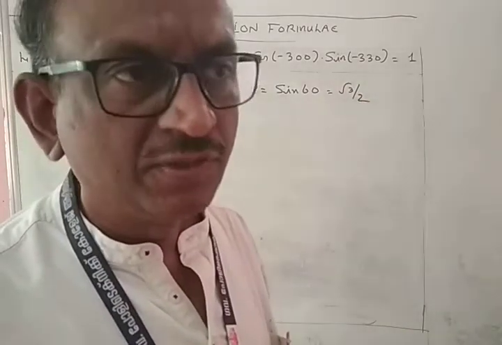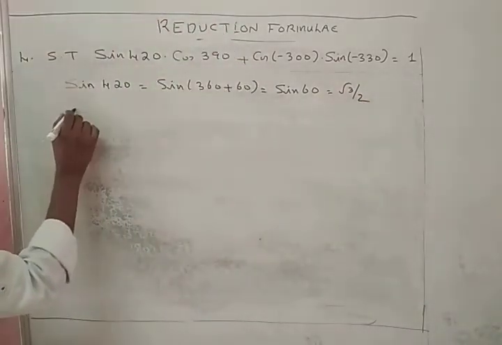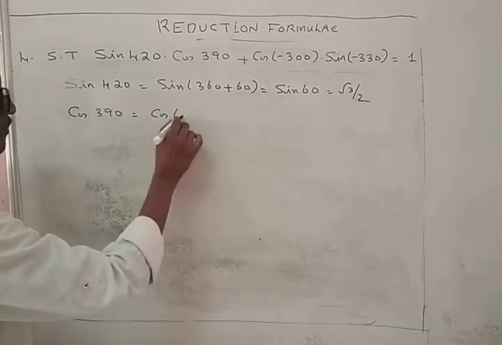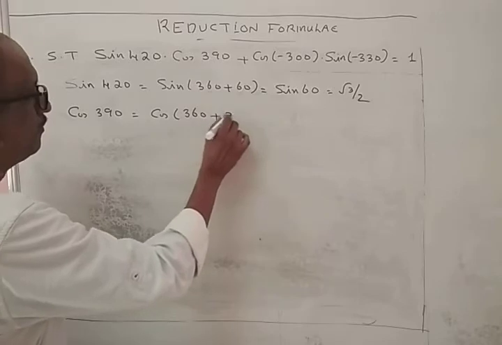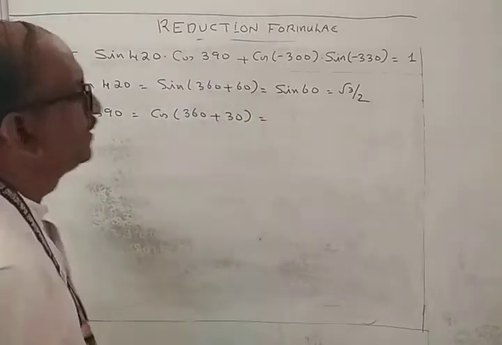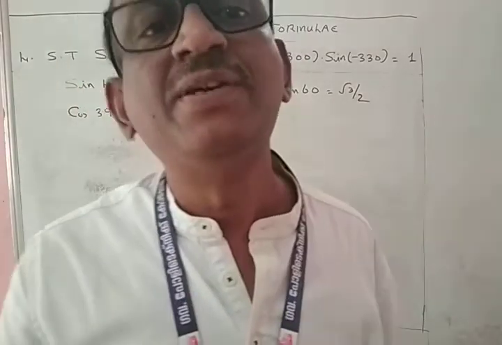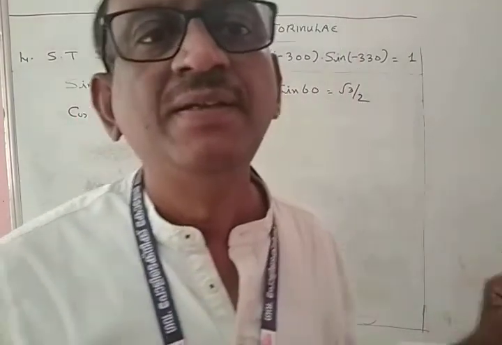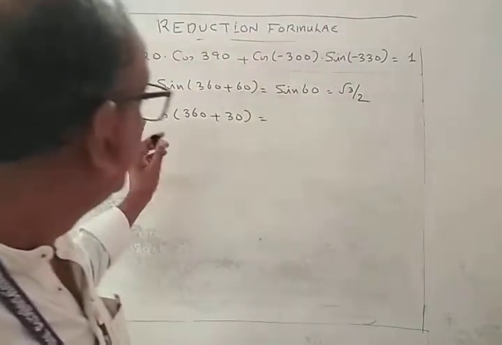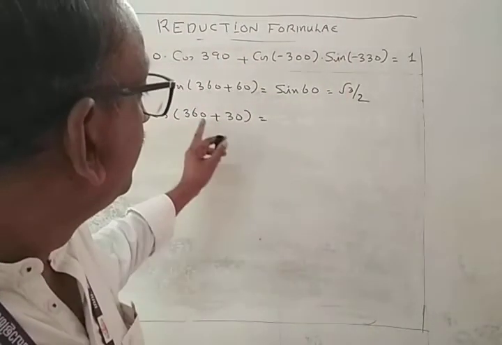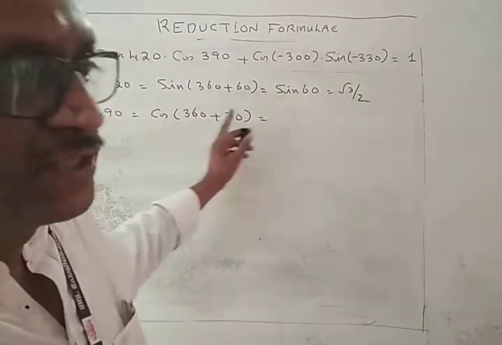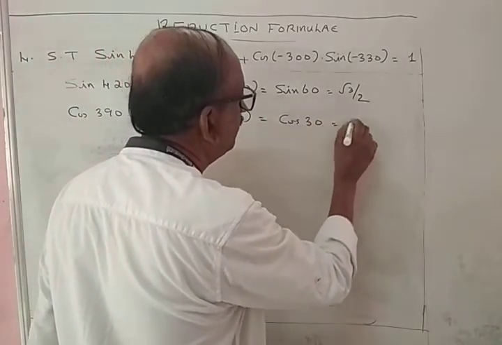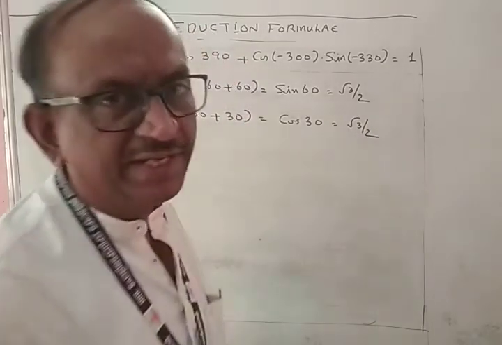Sin 60 is root 3 by 2. Then 390 is the same as 360 plus 30. Therefore, replace 390 by 360 plus 30. 360 is equivalent to 0. Therefore, the answer is cos 30. Cos 30 is root 3 by 2.